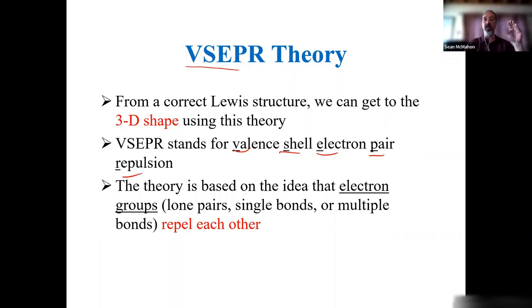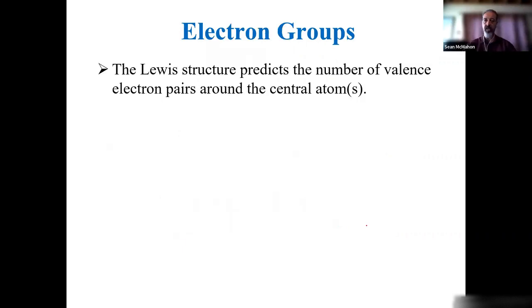The group is just when electrons are being spread between 2 things, let's say, for bonds. So it doesn't matter if it's a single, double, or a triple bond. So I always tell people, make it easy. You can think of electron groups as lone pairs and being bonded to another atom, and whether it be a single, double, or triple doesn't matter. If there's another atom, the electrons are going to try to spread around those atoms to minimize repulsion.